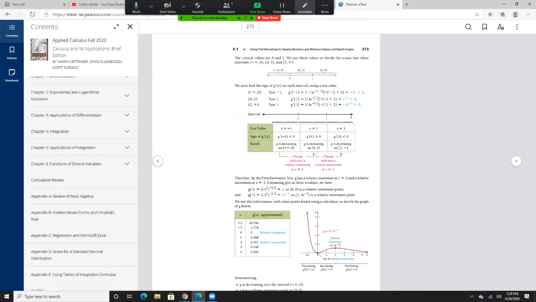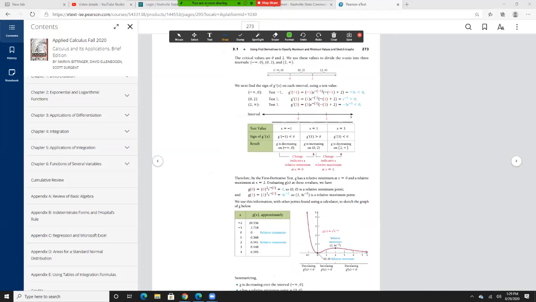And they follow the exact same procedure as before. They figured out the critical values are 0 and 2, so they mark those here on this horizontal line, and then they pick numbers in each interval to see whether or not the derivative is positive or negative. So on this interval here, they chose to test -1. So they plugged -1 into the derivative equation and got -3e, which is, of course, less than 0.